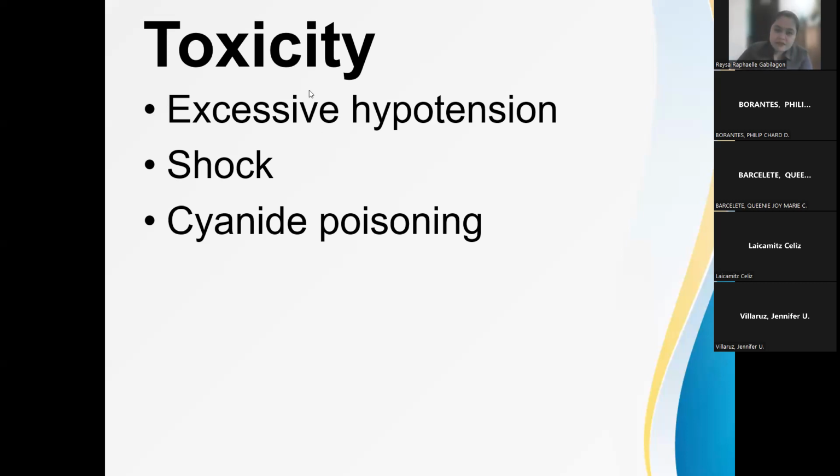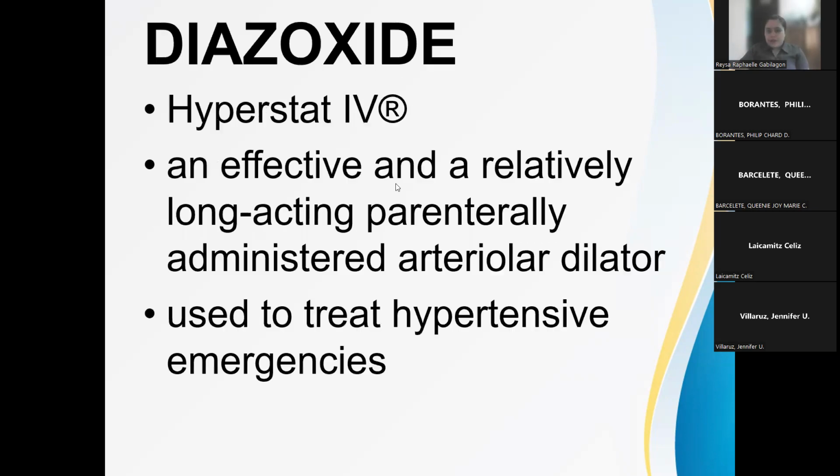So let us be careful also of using this. Remember, cyanide is a poison. It will cause inhibition of the cellular respiration. It will replace our hemoglobin, so it can no longer carry oxygen. And that's how we die in cyanide poisoning.